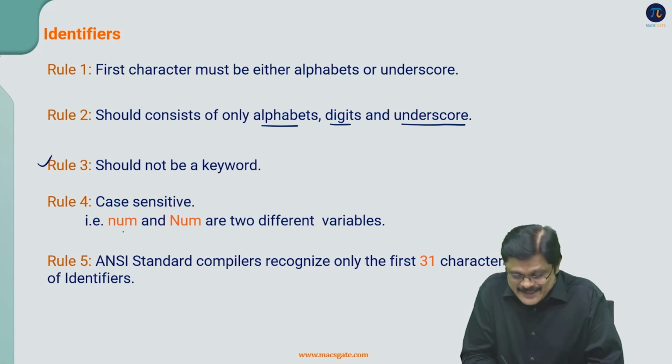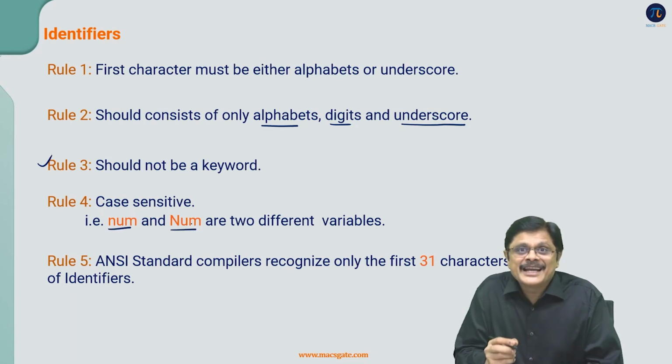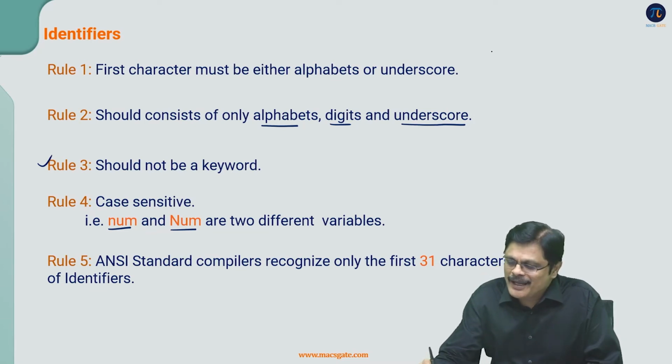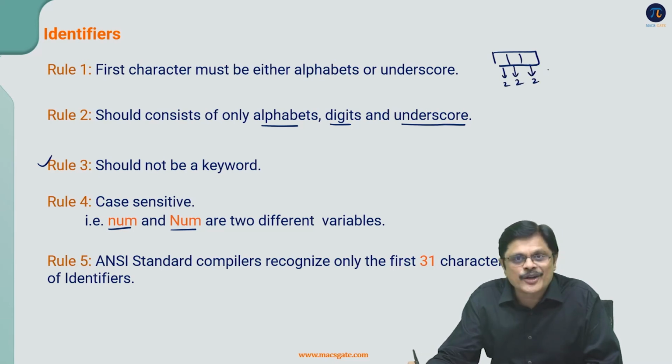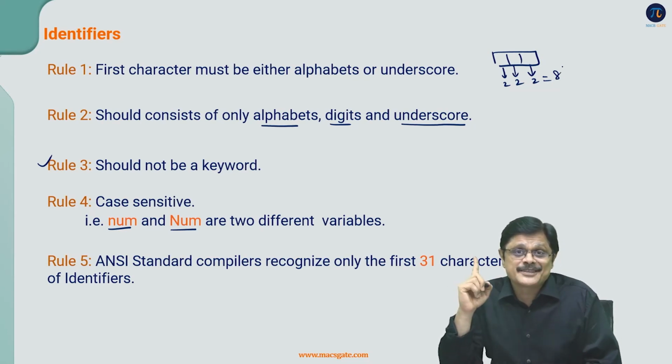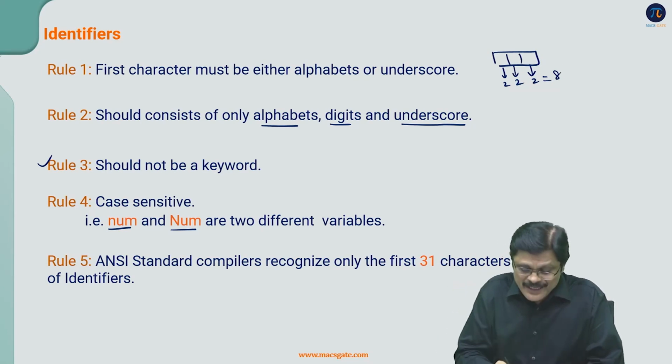It's very simple. With these three alphabets, I can use lowercase or uppercase, lowercase or uppercase, lowercase or uppercase. I can create 8 different identifiers. So please be careful, case sensitive. You can see these are different. Not only that, NUM is different. Not only that, NUm with capital M is different.